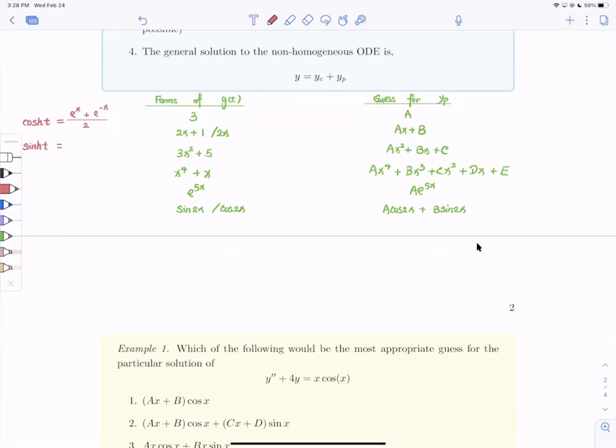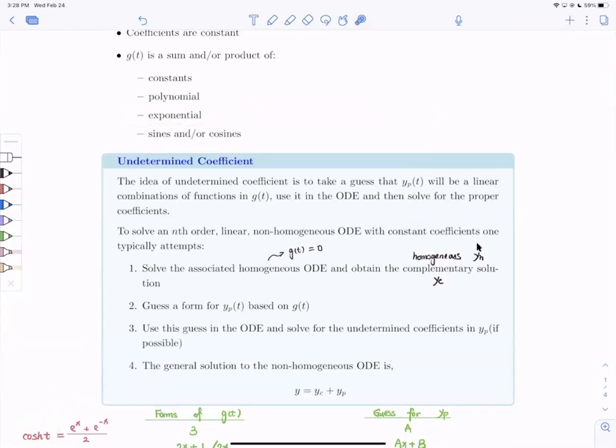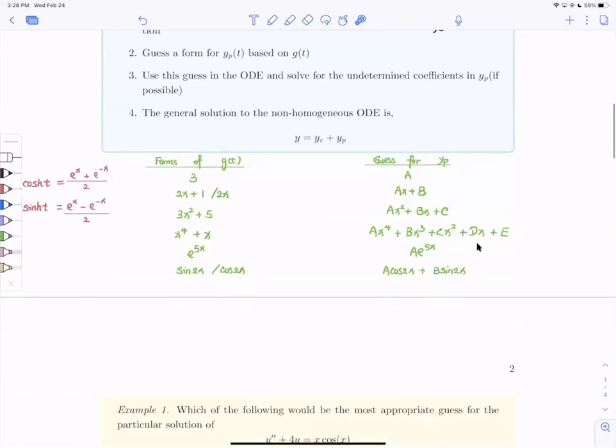What is this equal to? Yes, exactly. e to the x minus e to the negative x over 2. So if they give you something like this, you should know that it does fall into one of the categories, which is exponential. So you can guess your solution based on exponential. That's going to be something like a e to the x plus b e to the negative x, right?